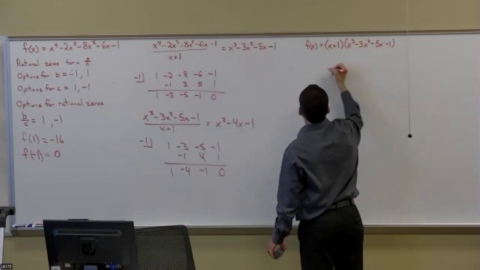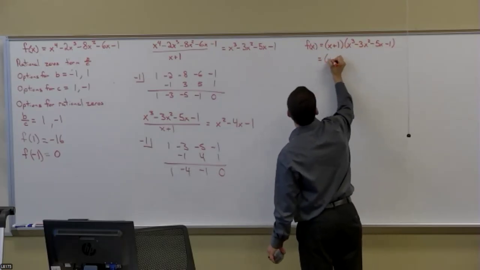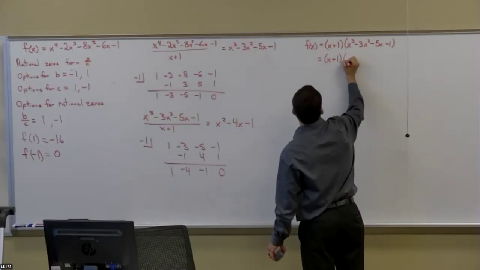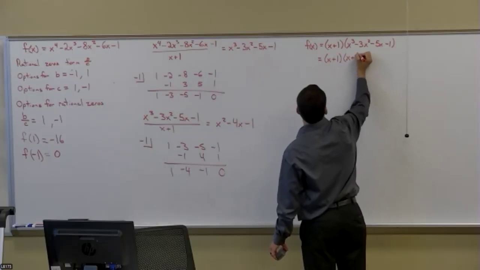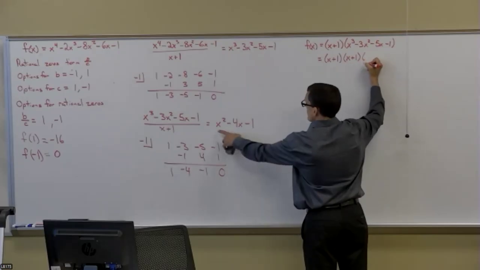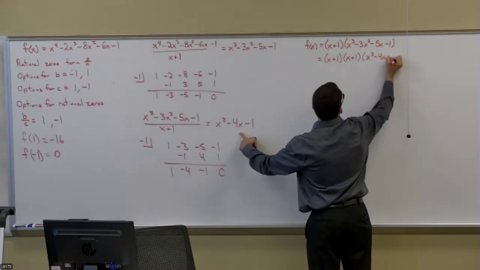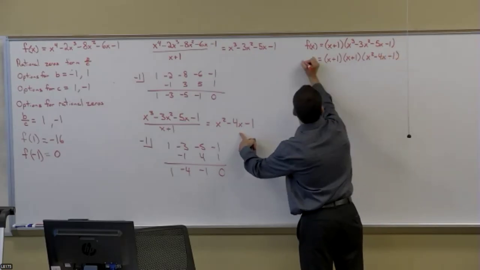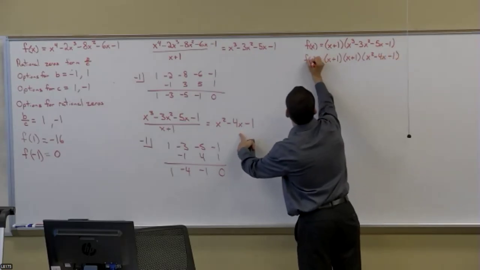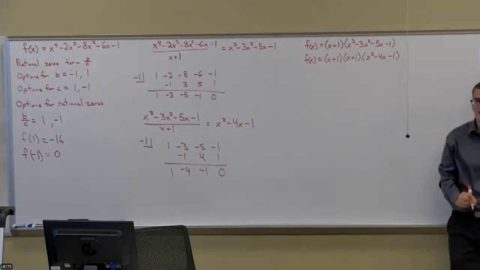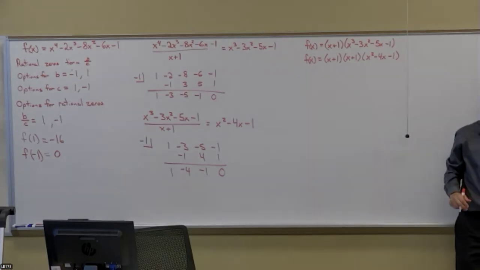This third degree polynomial can be further broken into another copy of x plus 1 times this quadratic. Okay, get that? So that's what we're getting.